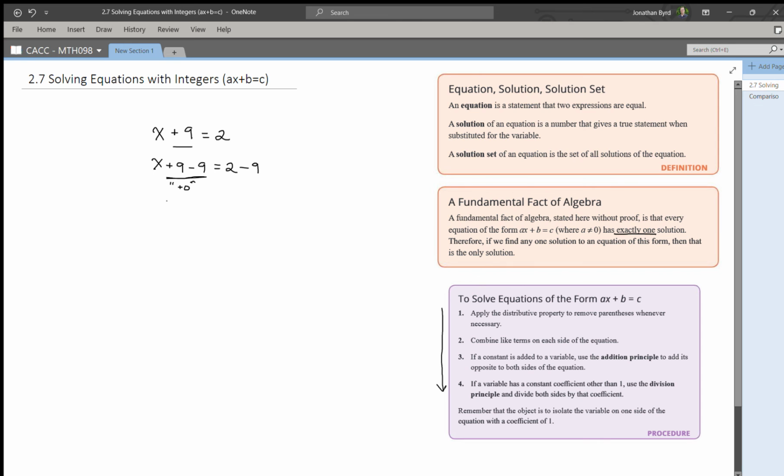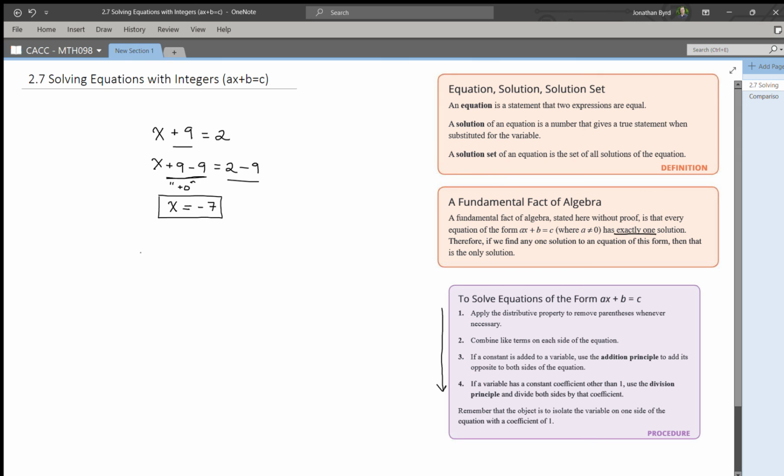And that means that really I'm just left with x on the left-hand side. And then 2 minus 9, well, that's going to be negative 7. And now effectively I'm done with this one. I look through and say, okay, there's nothing on the side with x and there's no number out in front of x. I'm just left with x. And so my solution to this particular equation should be x equals negative 7.